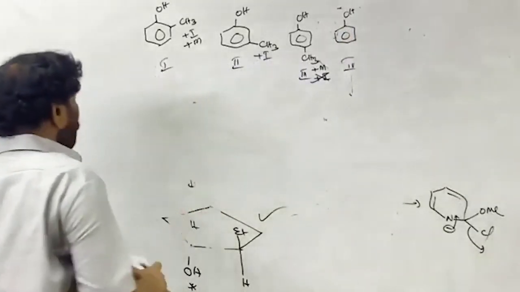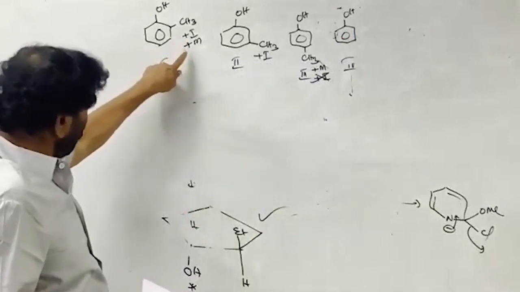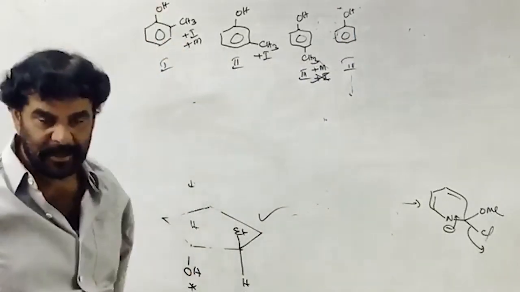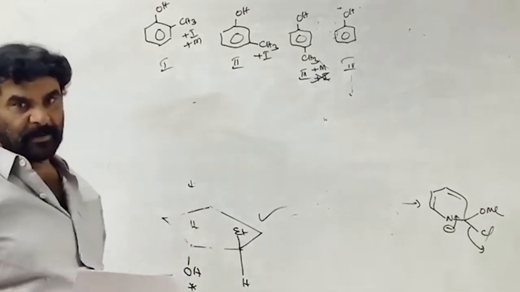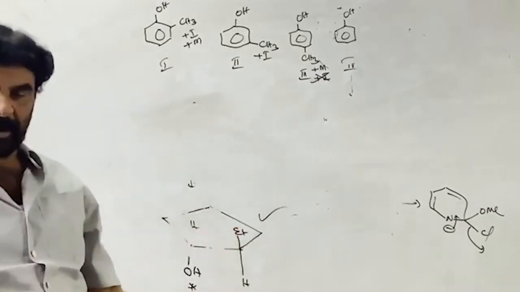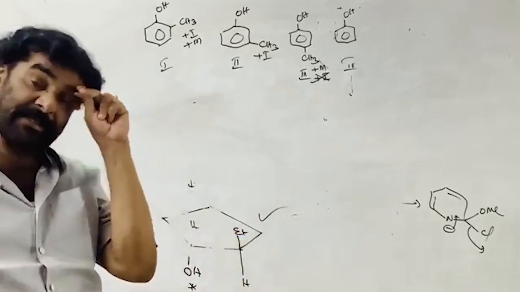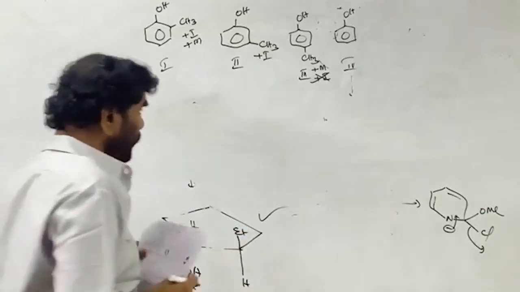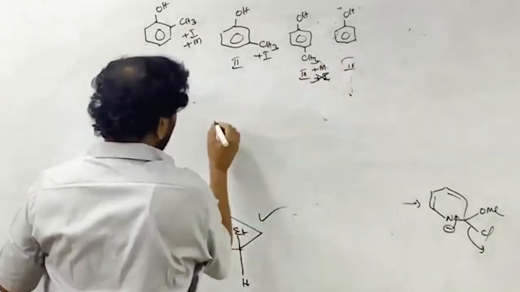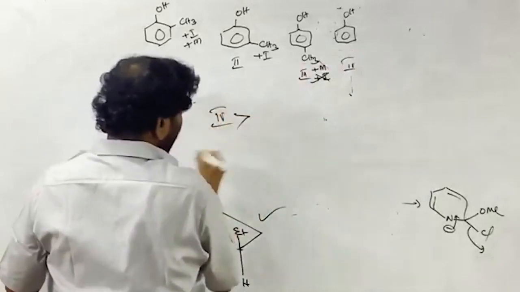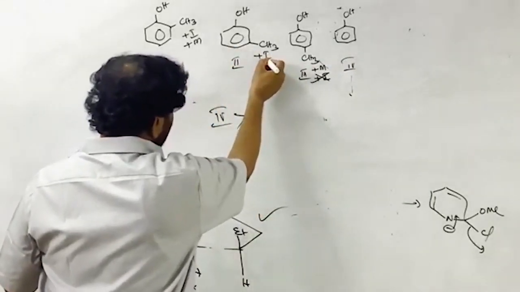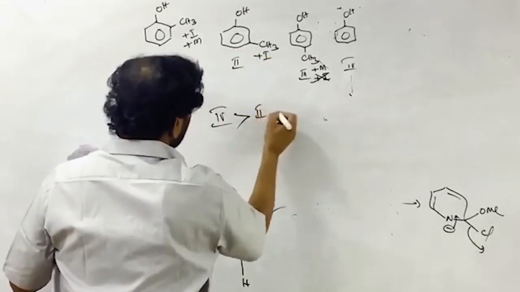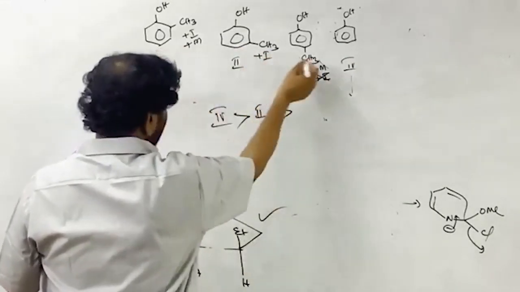Both plus I and plus M effects decrease the acidic nature of the phenol. Minus I and minus M effects increase the acidic nature. Therefore here the best one is 4, more reactive. Then this is the only plus I effect. Therefore 2. Next ortho and para.